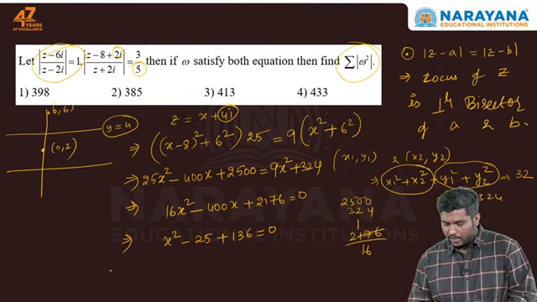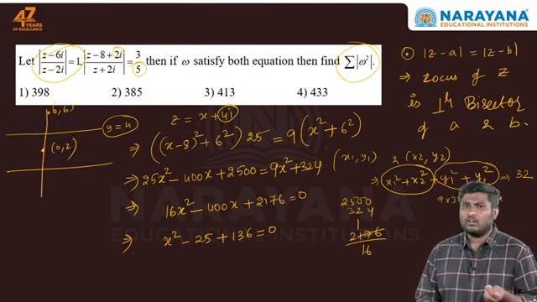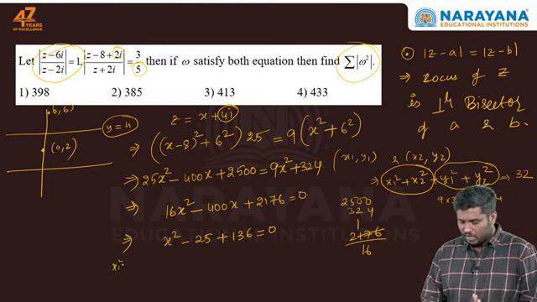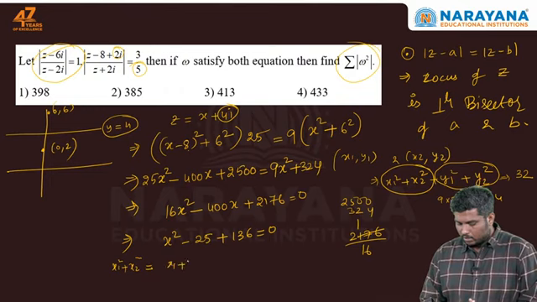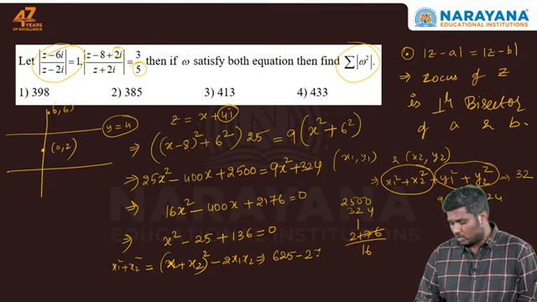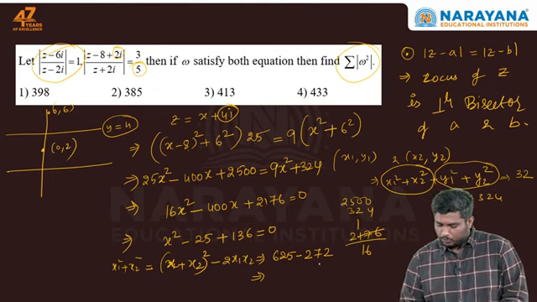Now what I'm trying to find, you can either find the roots of the quadratic equation if you are able to do so, or else x1 square plus x2 square is equal to (x1 plus x2) square minus 2x1x2, which is 625 minus 272.